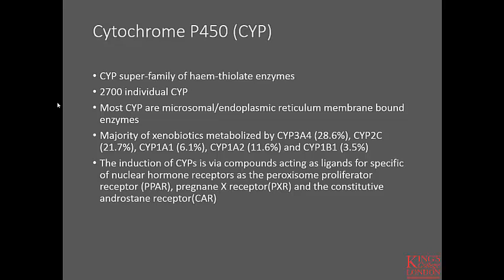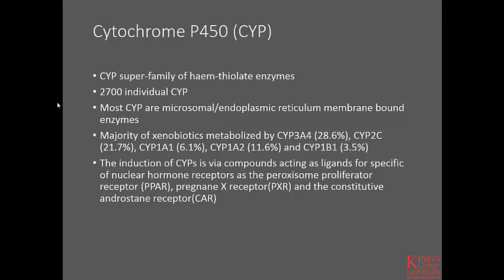The majority of xenobiotics tend to be metabolized by CYP3A4, the CYP2C family, CYP1A1, as well as CYP1A2 and CYP1B1. This group of enzymes in these particular families tend to do most of the metabolic work when it comes to removing xenobiotics. The induction of CYPs via compounds.